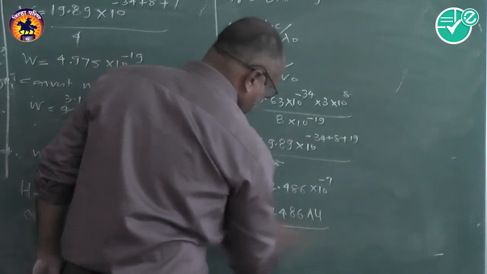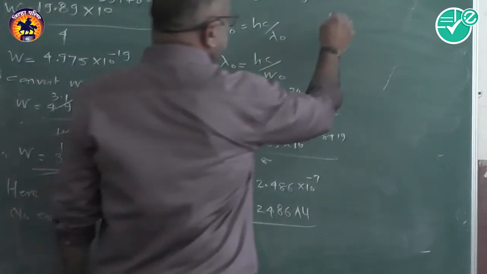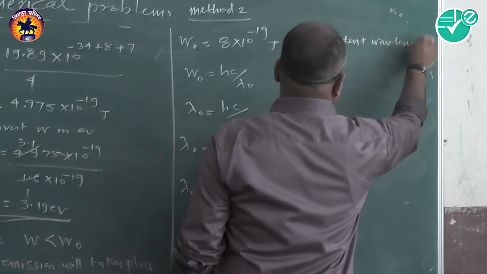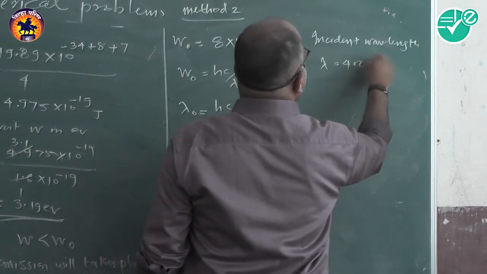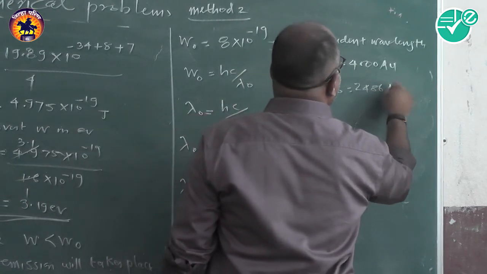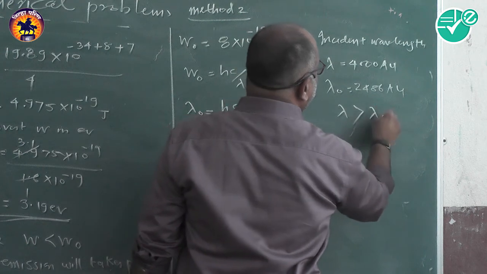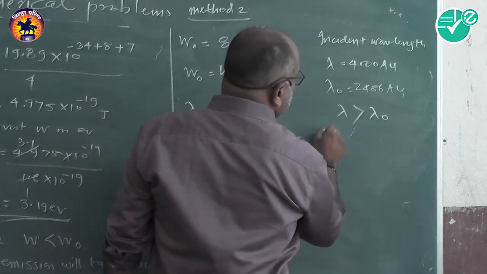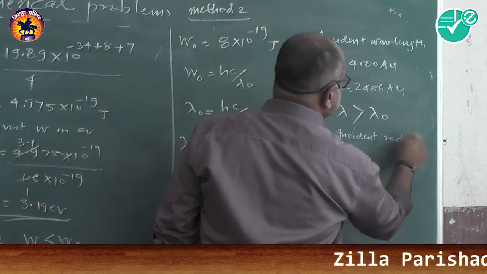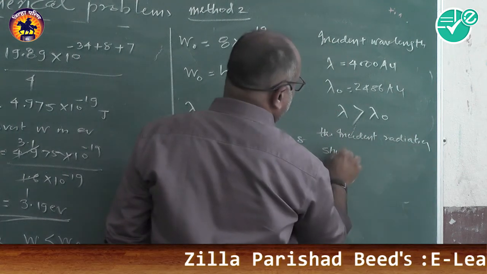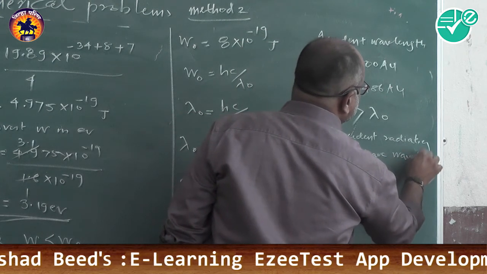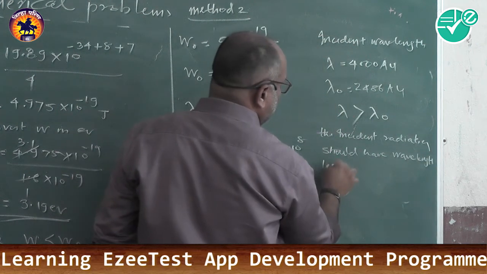that is, lambda 0 is equal to 2486 angstrom unit. Now look here, what is the incident wavelength? Incident wavelength lambda is equal to 4000 angstrom unit. Threshold wavelength is 2486 angstrom unit. So lambda is greater than lambda 0, but we know the incident radiation should have wavelength less than threshold wavelength.